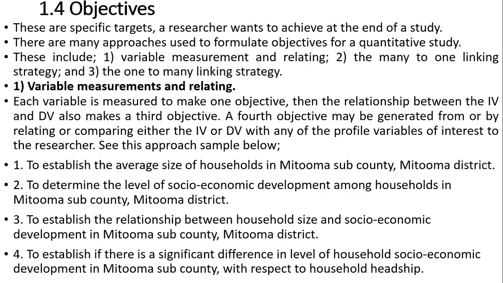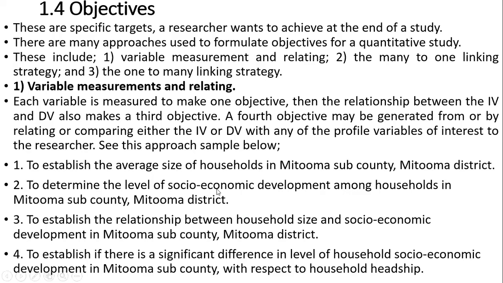But when you find the other one, you may not quarrel with your supervisor, because you are not the supervisor, by the way. You are just a student. So as you see here in the first objective, it is intending to measure the IV, which is the household size.